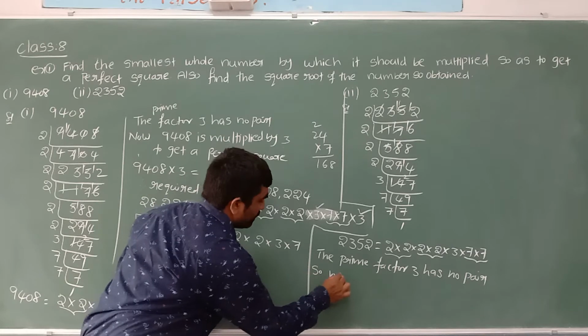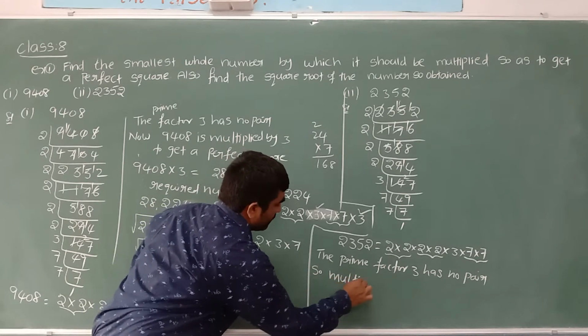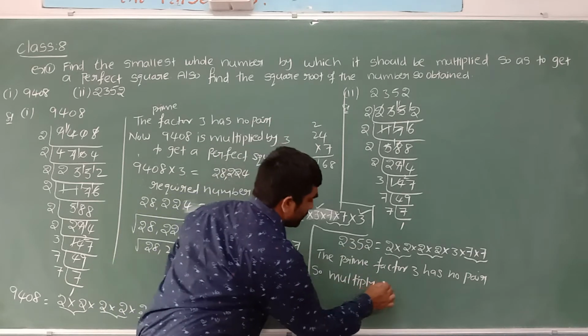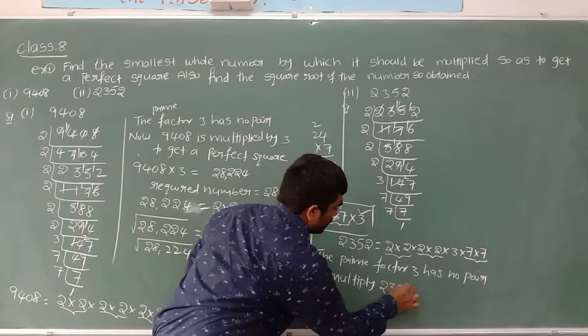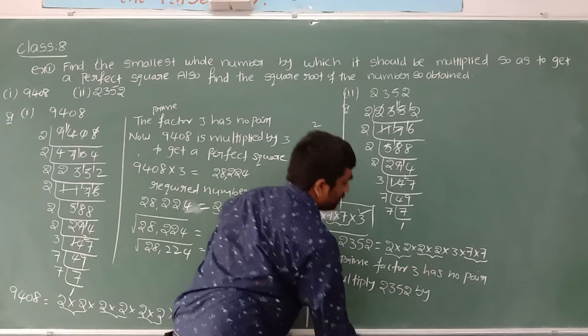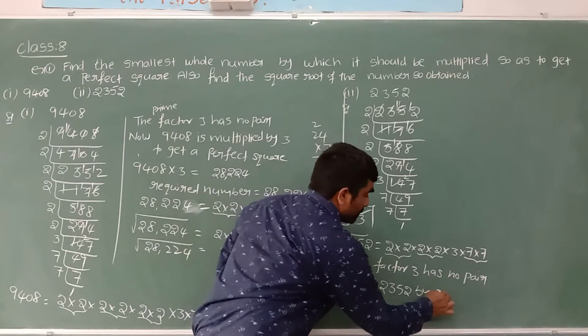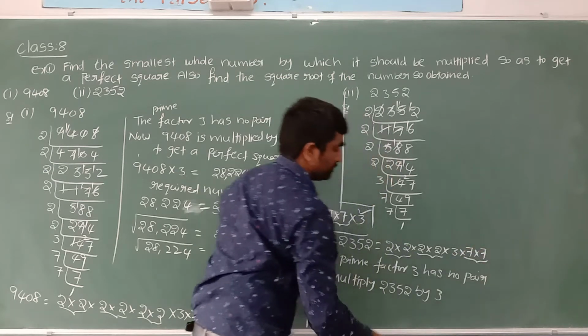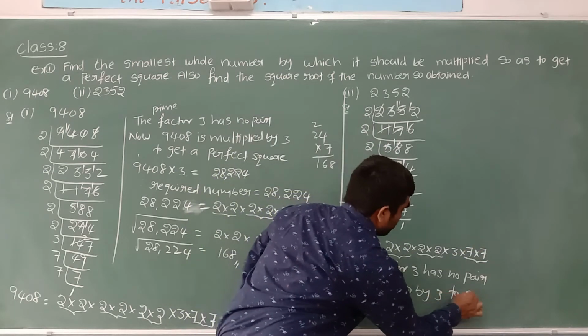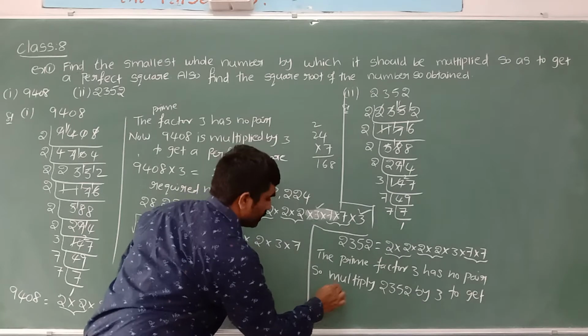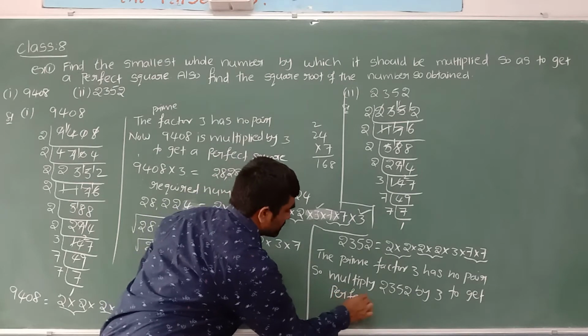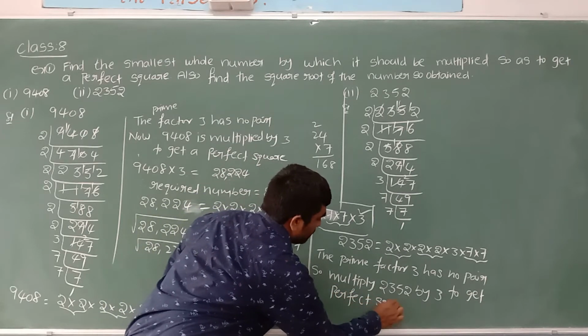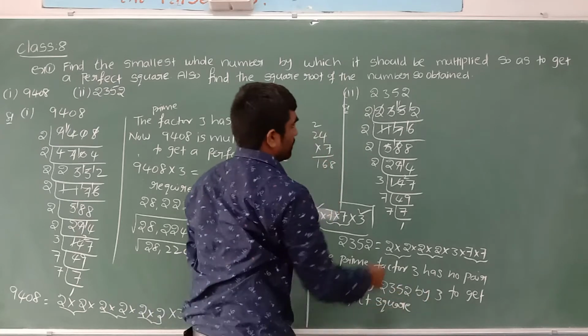So what we have to do? Multiply. What we have to multiply? Multiply 2,352 by 3. Why? To get a perfect square. We have to multiply by 3 to get a perfect square.